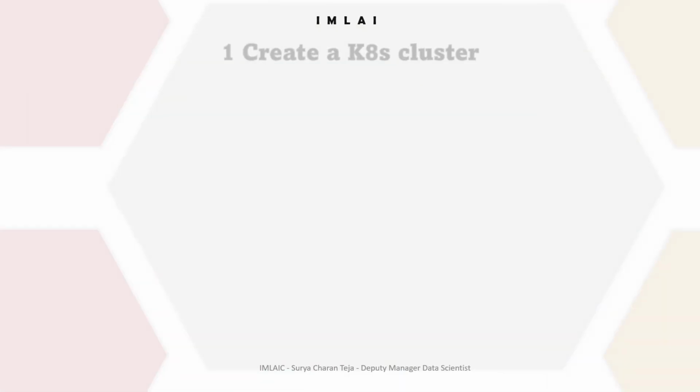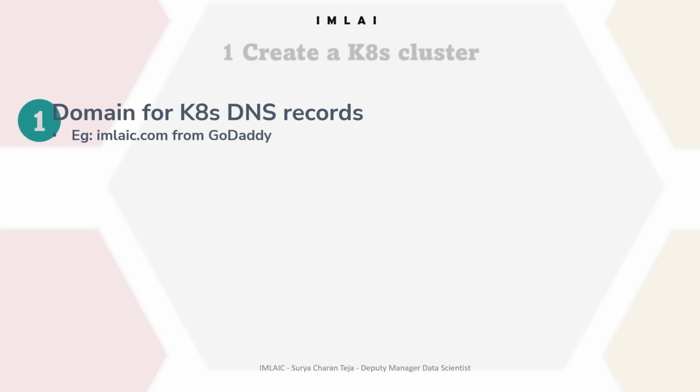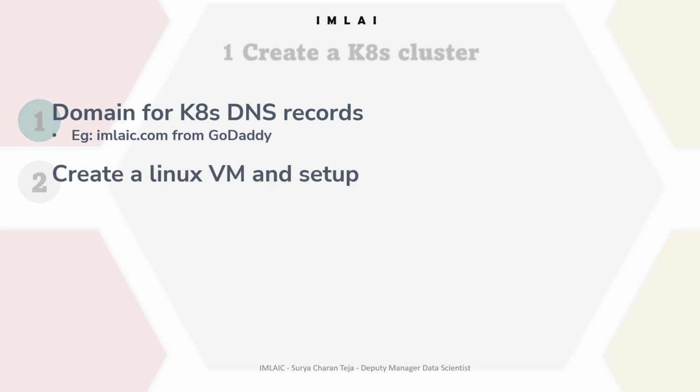To create a Kubernetes cluster, the first step is we need a domain for Kubernetes DNS records. So I have my domain imlike.com from GoDaddy. You also have to create your own. Then once that is done, we have to create a Linux virtual machine and set it up.